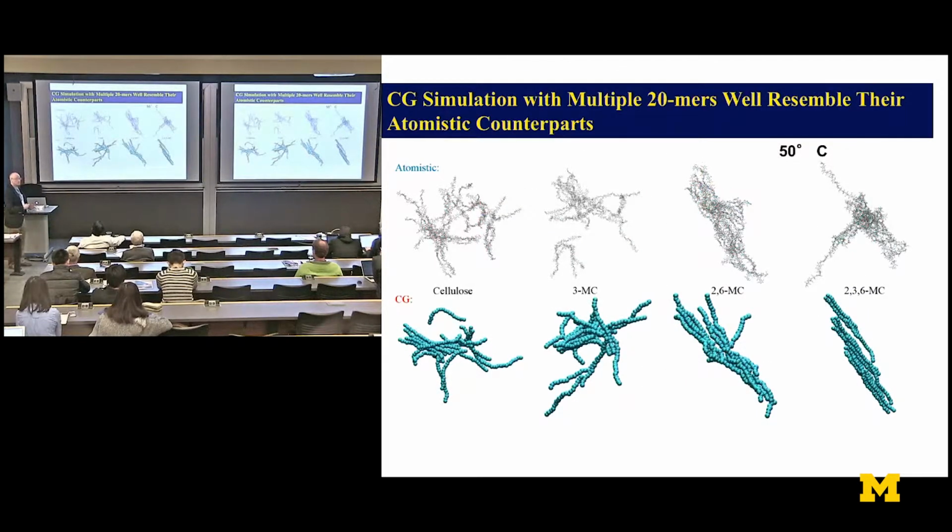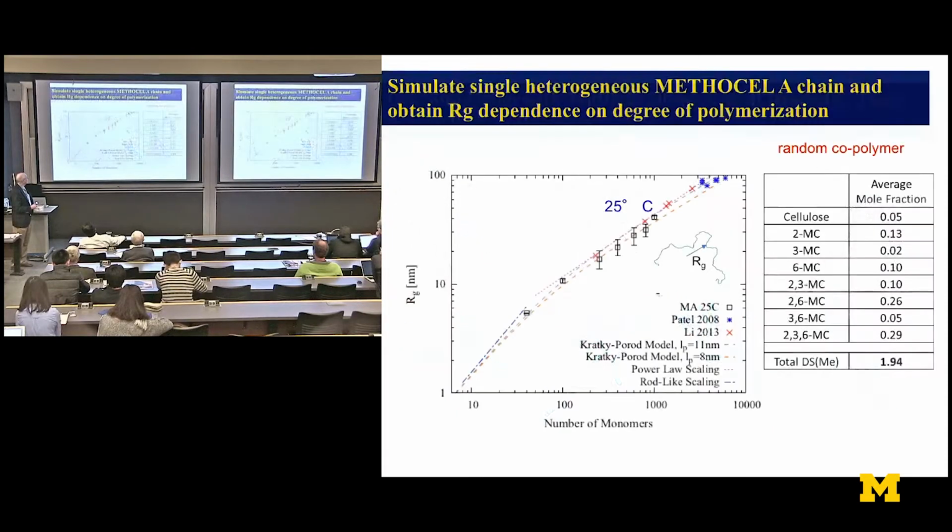If you then simulate shorter molecules, oligomers, at the atomistic level and at the coarse grain level, you can see just visually that the structure of these aggregates are comparable at the coarse grain level as they are at the atomistic level. And we can look in more detail by looking at a single polymer.